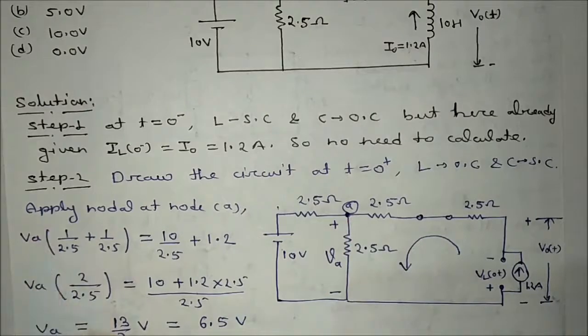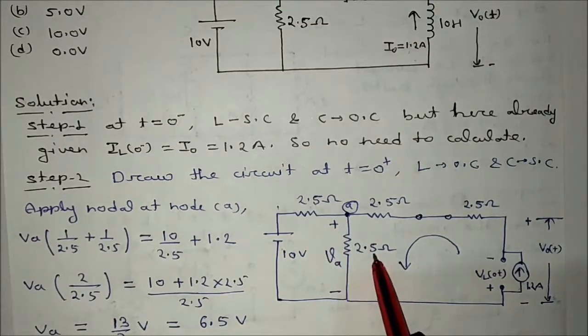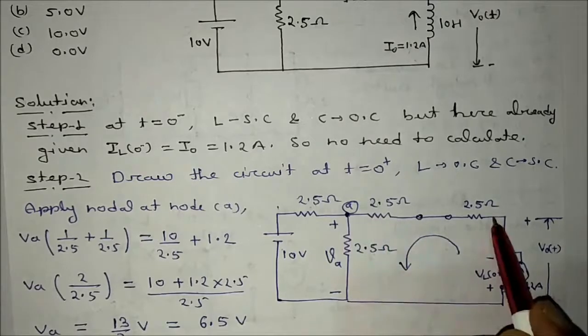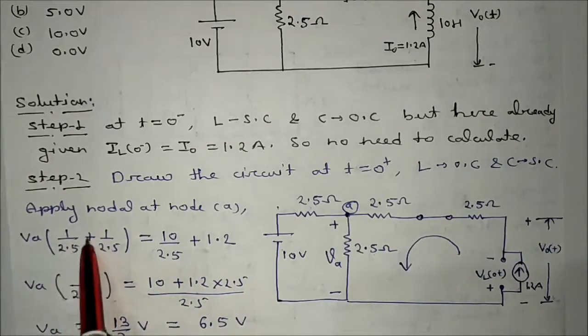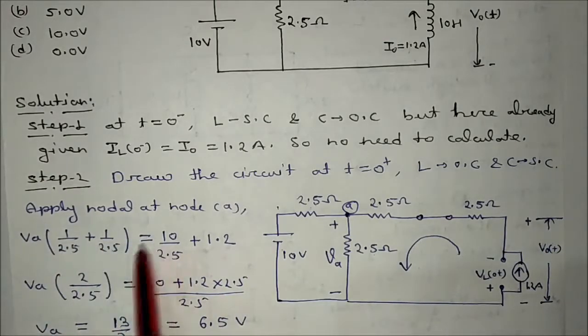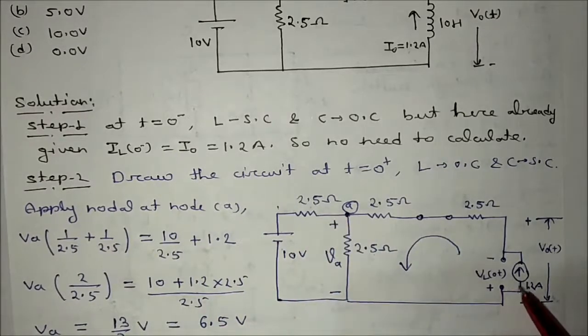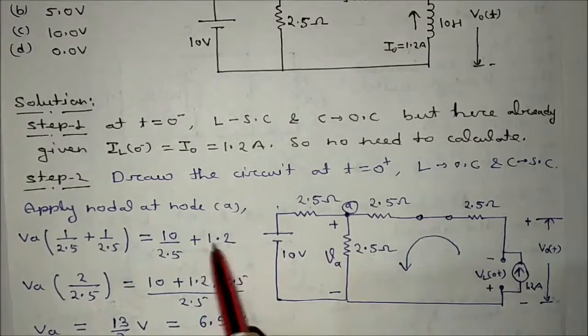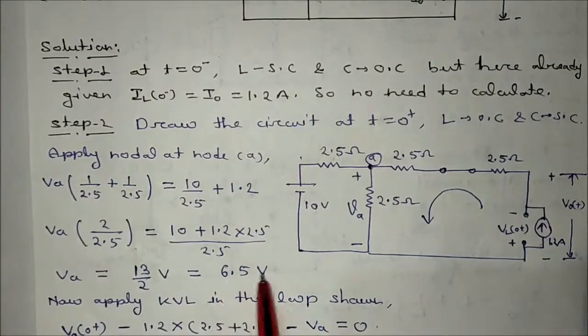VA bracket, this resistance 1 by 2.5, this resistance 1 by 2.5. I'm not taking this resistance, because the current is already known, so no need to take that resistance. So VA into 1 by 2.5 plus 1 by 2.5 bracket closed, that is equal to 10 by 2.5 plus, this is incoming current, that's why plus, 1.2. We can calculate VA, that is equal to 6.5 volt.